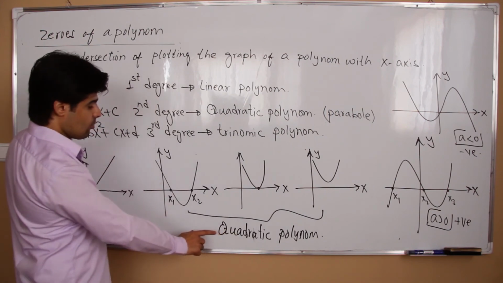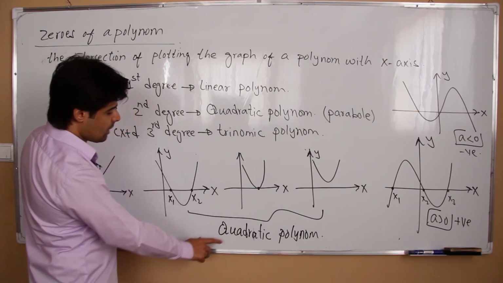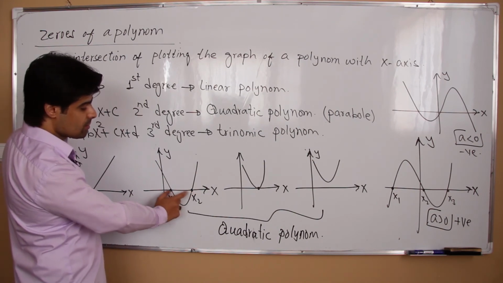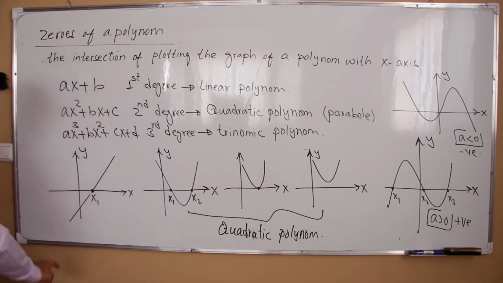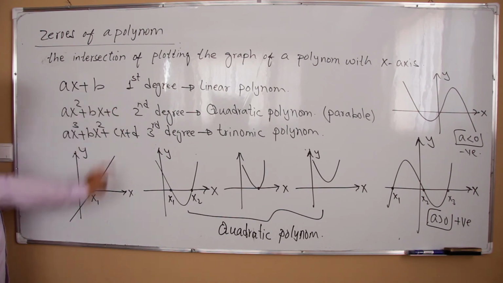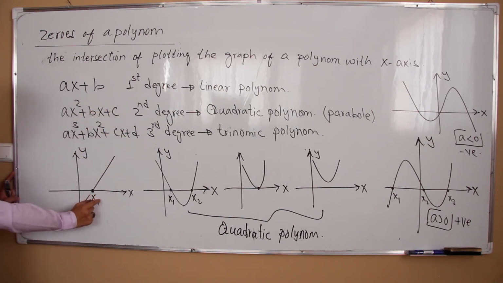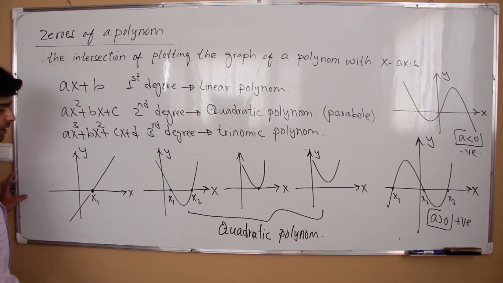The quadratic or parabolic polynomial does not have more than 2 zeros or intersections with the x-axis. In first power or linear polynomial, first degree, we do not have more than 1 zero or 1 intersection with the x-axis.